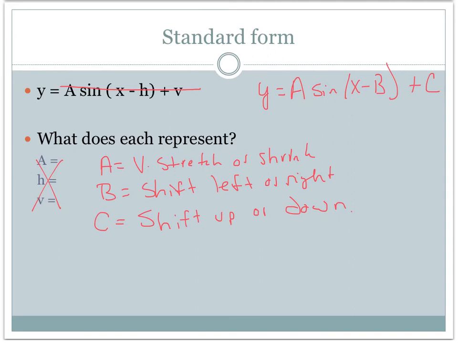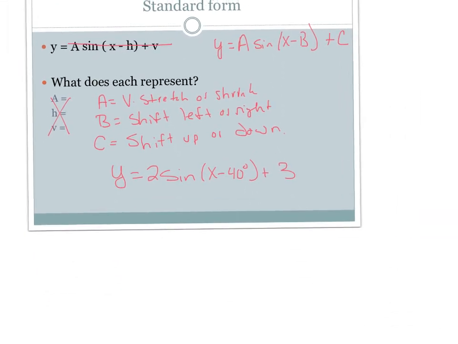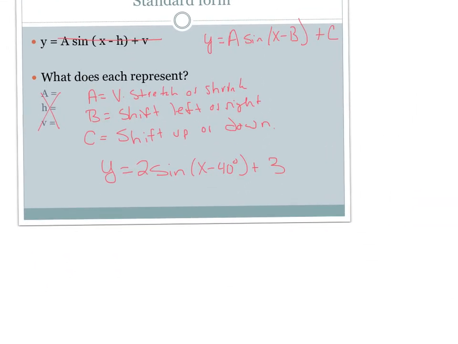So for example, if I had y is equal to 2 sine of x minus 40 degrees plus 3, I should be able to go through this and say, okay, a is equal to 2, so it's going to stretch vertically by 2.